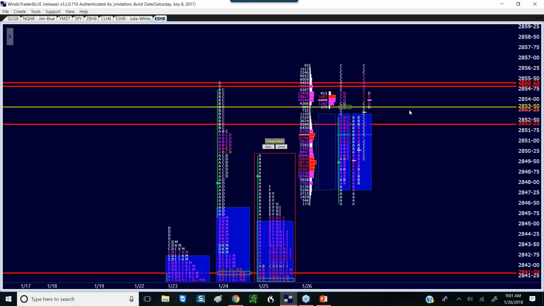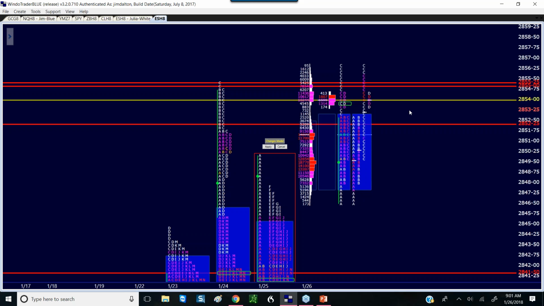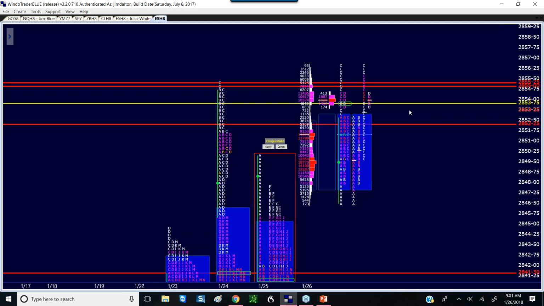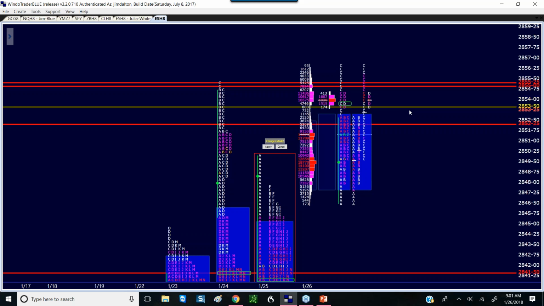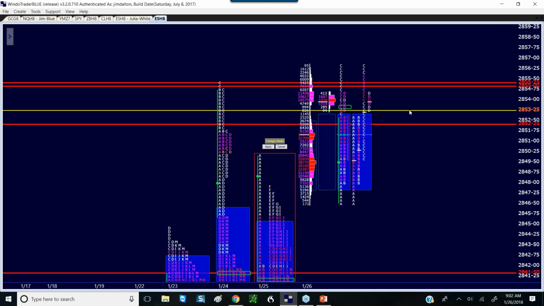But again, I think sometimes we spend too much time looking for the blow-off top, blow-off bottom. I'm afraid we're going to miss it. Look at the market overall and see what happens. If you got a blow-off top or a blow-off bottom, guess what? You don't have to be right immediately because you're going to have a lot of time on the downside or the upside depending on what it was.